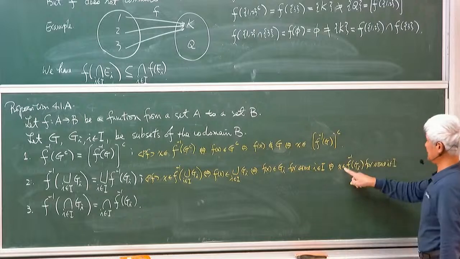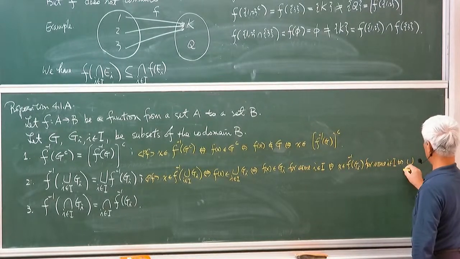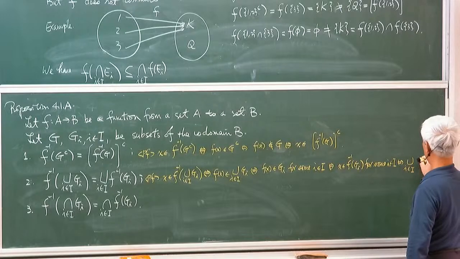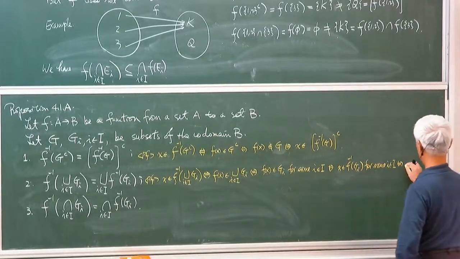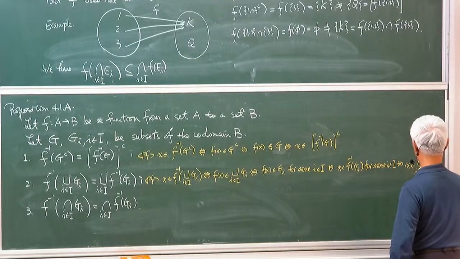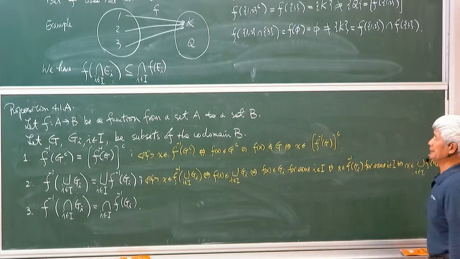So X is in the inverse mapping of GI for some I, which means that X is in the union of the inverse mappings of GI.